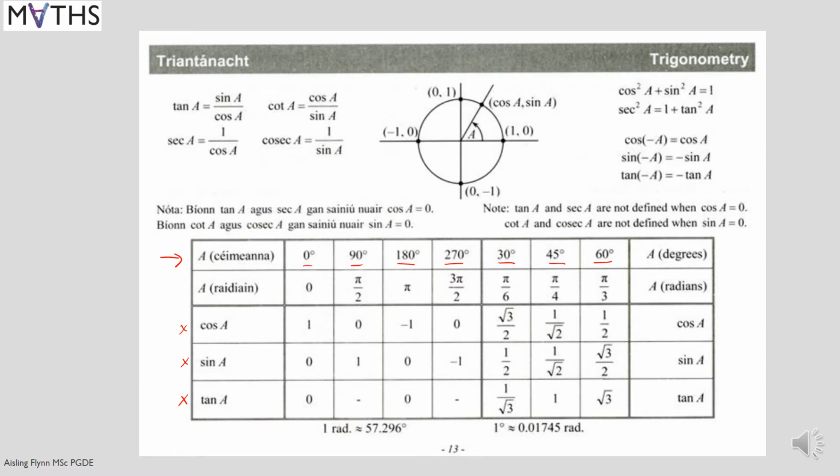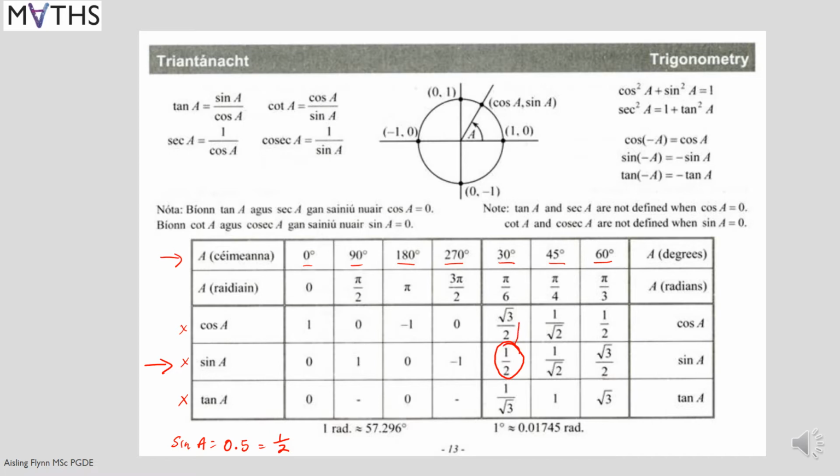Down the side we see the values of cosine, sine and tan. If we think of the question we've just done, we were told that the sine of the angle was 0.5. Of course 0.5 is equal to a half. If we look along the sine row of the table, you will see that sine of a half appears here.